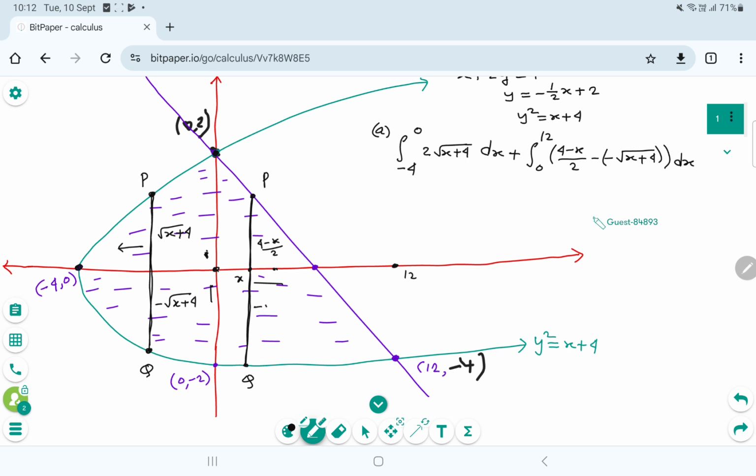This is the negative square root of x plus 4. So the integration is from negative 4 to 0 of 2 square root of x plus 4 dx, plus from 0 to 12 of 4 minus x over 2 plus square root of x plus 4, the whole thing dx. Okay, right?